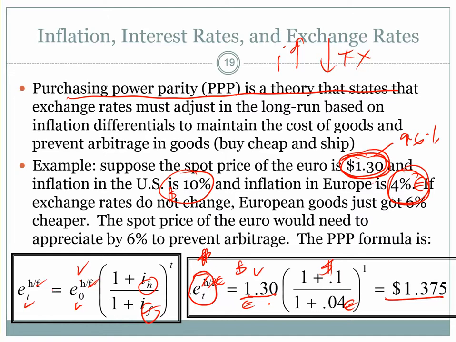However, the exchange rate will offset that effect to maintain purchasing power across the two countries. So the 6% cheapness of the European goods is being offset by a 6% appreciation of the euro. So goods have not, in fact, gotten cheaper for Americans in Europe if it was caused by inflation.